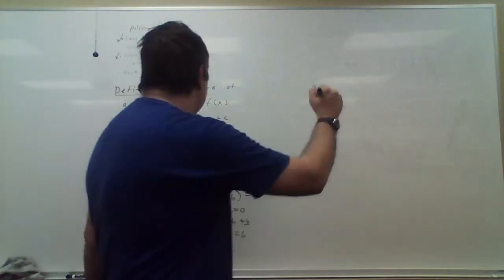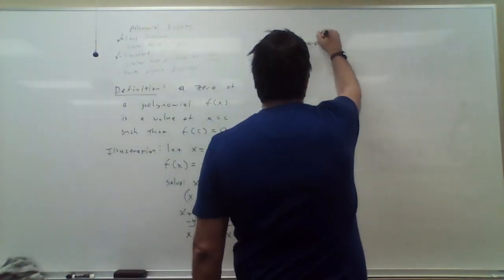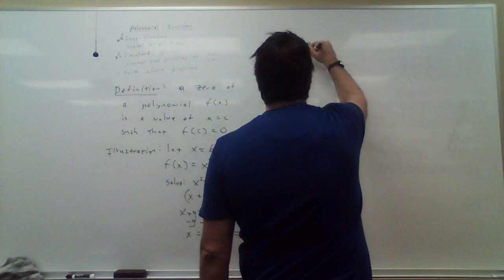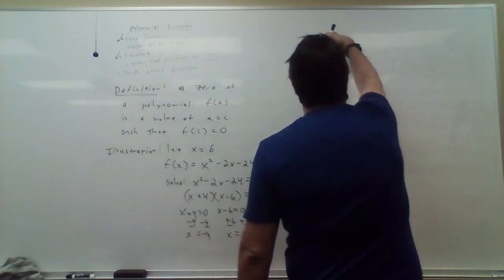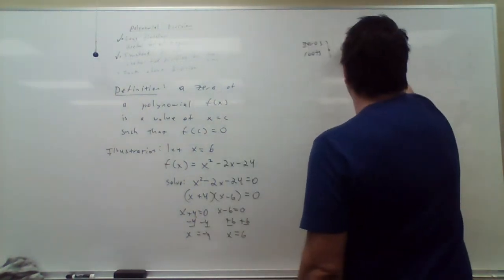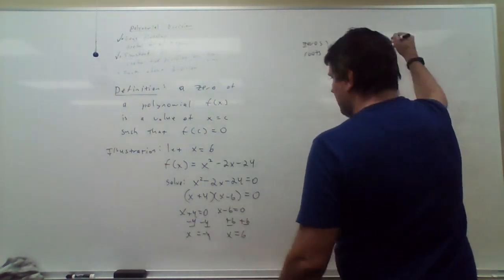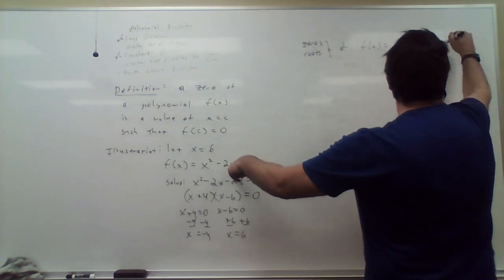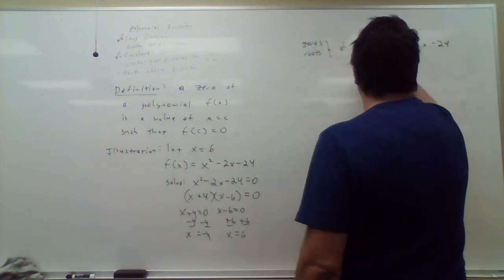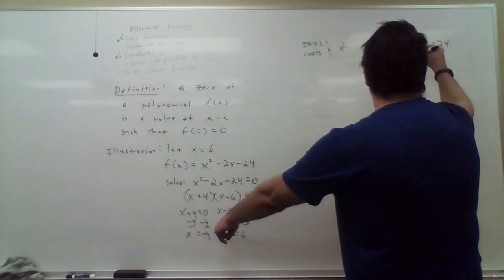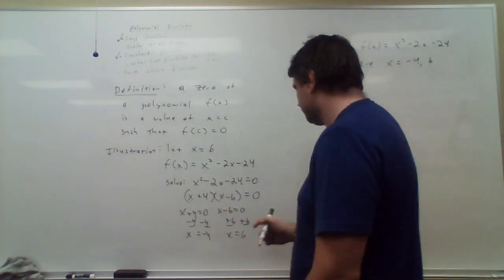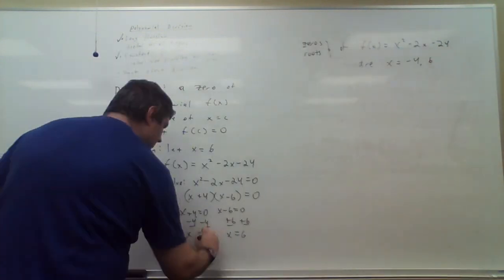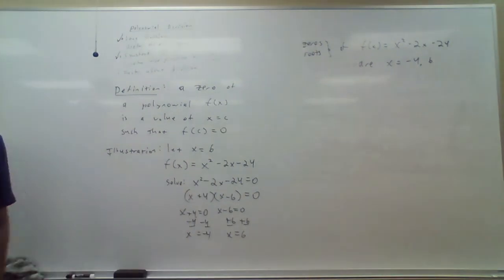So the zeros, or roots, they mean the same thing, of f of x equals x squared minus 2x minus 24 are x equals negative 4 and 6. We solved it by factoring. Okay?